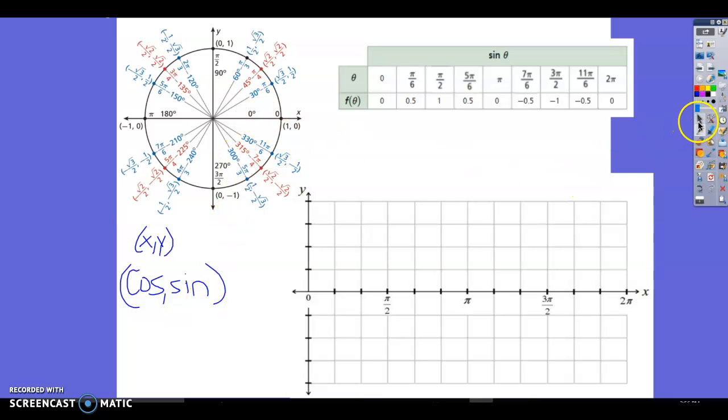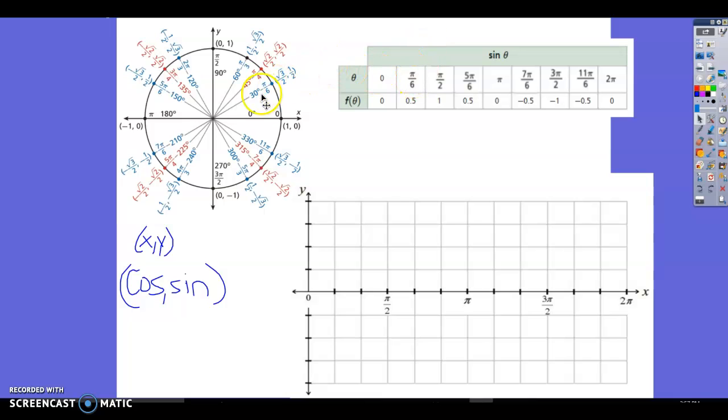So when we're looking at the unit circle to determine what this table of values is, at 0, 0, remember the sine is the second value in your ordered pair, so that's why at theta 0, f of theta is also 0.